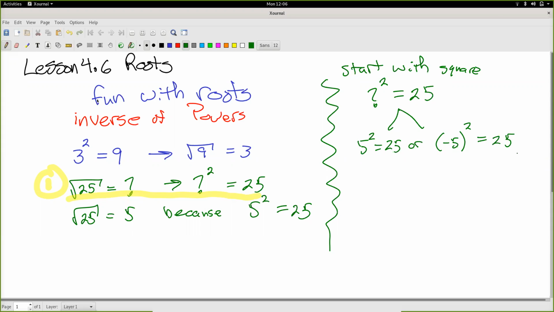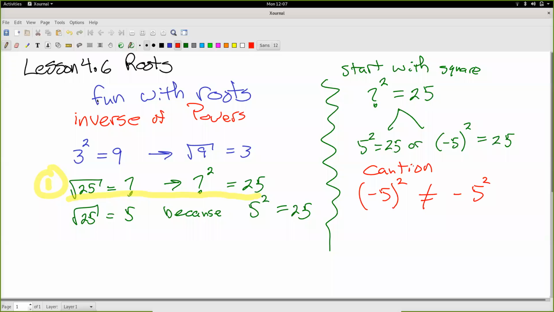And there was a prep question related to this. Keep in mind, caution here: the square of -5 is written like that, as opposed to the opposite of 5 squared, which some people would read as -5 squared. Those things are not equal.